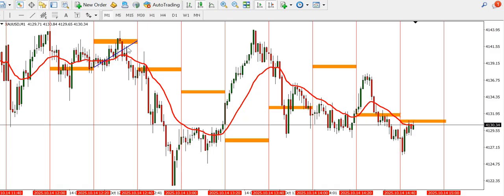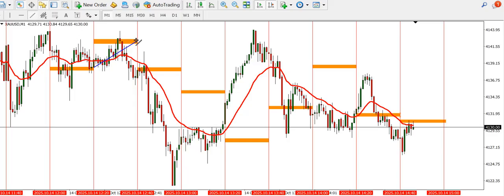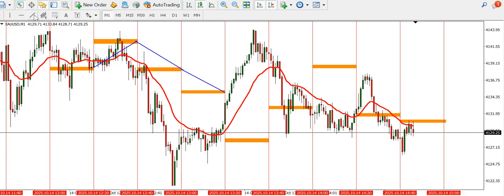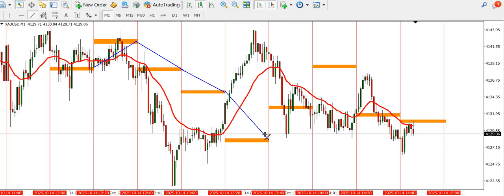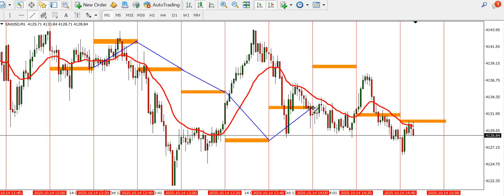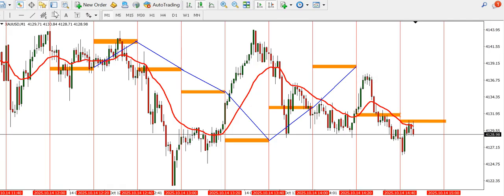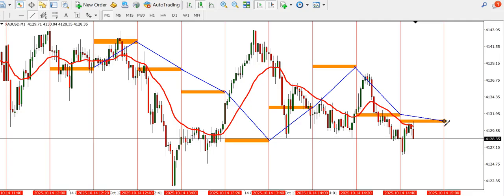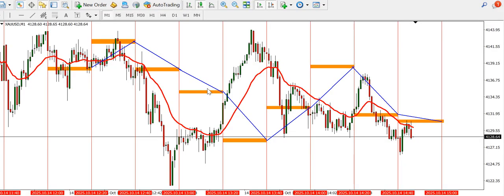So I connect this midpoint to this midpoint with diagonal lines, midpoint to midpoint on the right side with diagonal lines, again and again. So that's done for the connection.